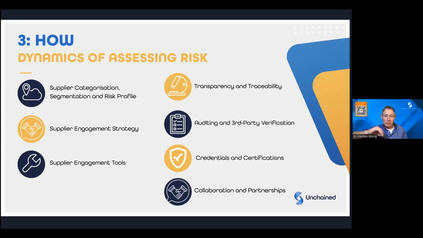This is where we might look to drill down certain product lines to actually get down to the source of manufacturing or the source of harvesting of raw materials to actually get the clarity that we need. In the mix of all this then is the dynamic of auditing and third-party verification schemes that are on offer.